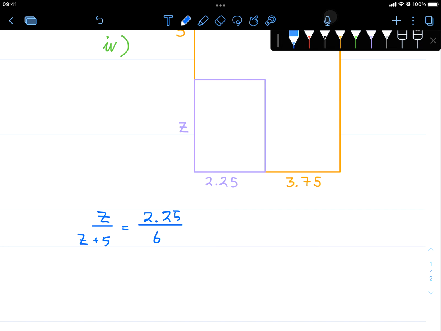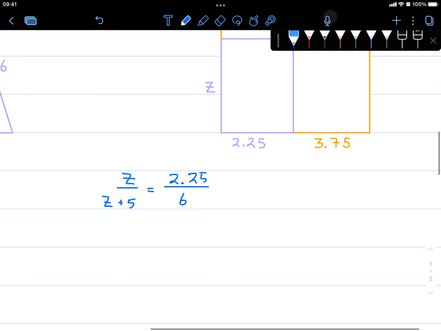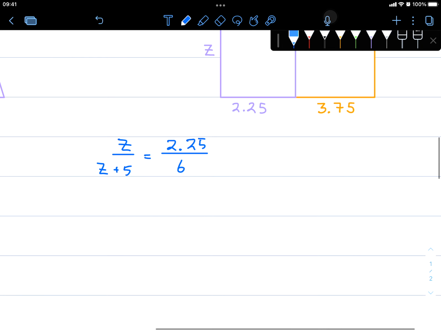Now here's where it gets a little bit trickier. There's a bit more algebra involved. So watch very carefully in how we work this. I need to multiply by everything shown here. That's Z plus 5 in brackets like so. This will cancel.